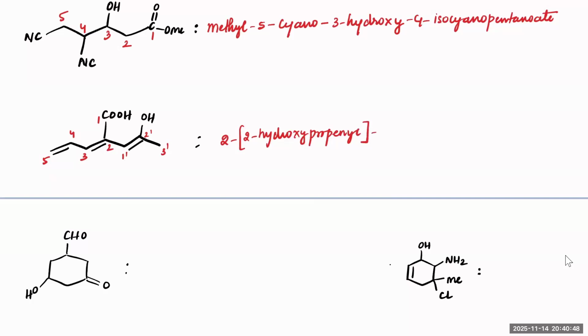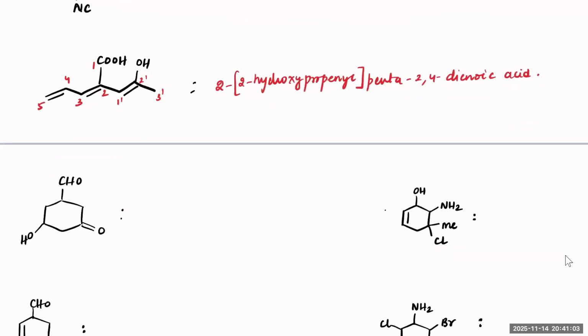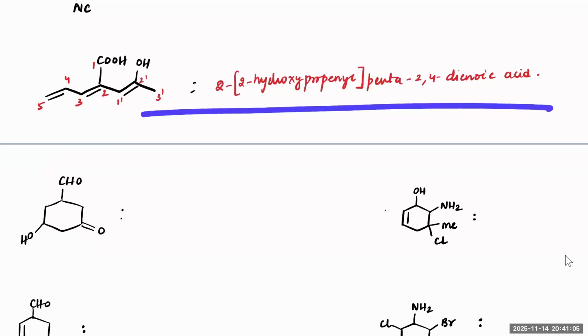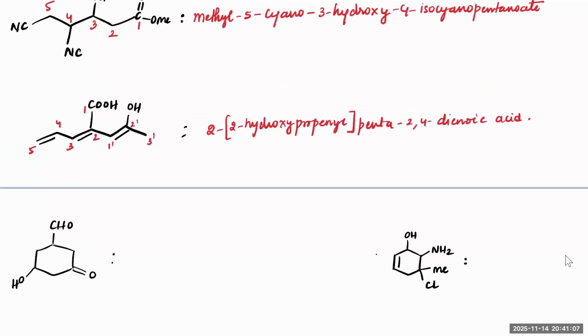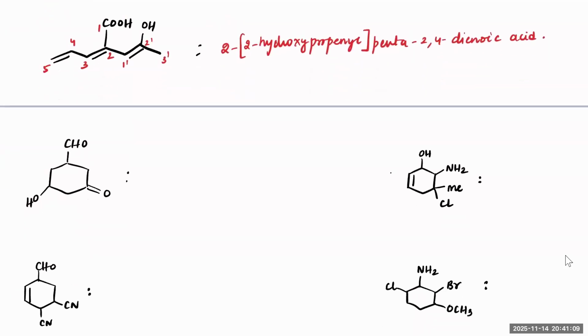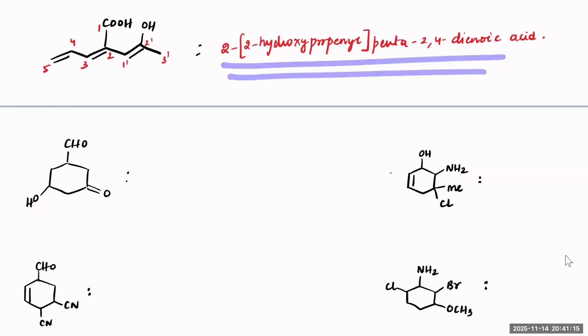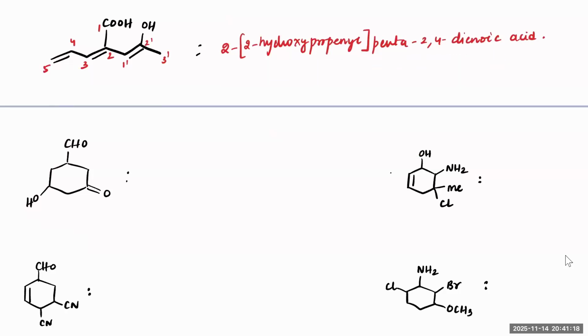And that is connected to penta-2,4-dienoic acid. So that would be the naming for this one. I hope all of you are writing simultaneously. So please do check. This is the name for multifunctional cases.